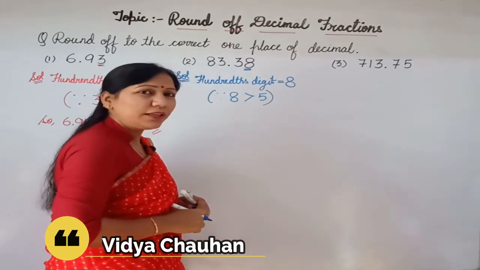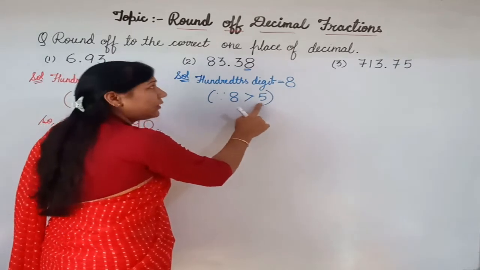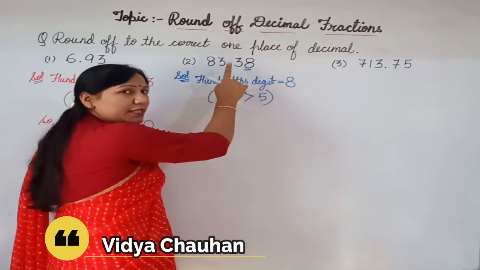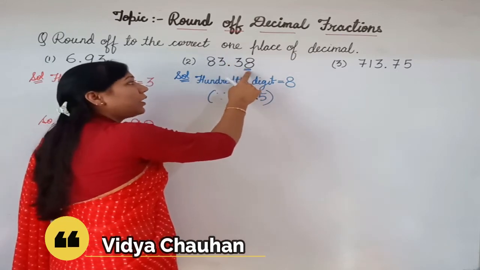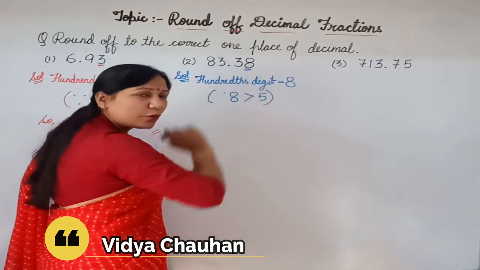If the value is 5 or greater, then the digit at the 10th place will increase by 1, and the 100th place digit will become 0.